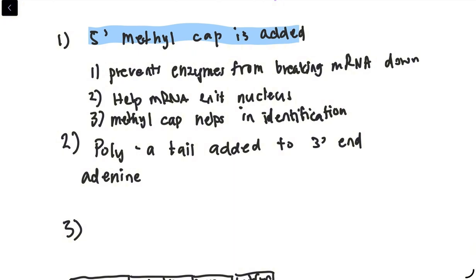There are usually anywhere between 60 and 250 adenine nucleotides added to the 3-prime end. So essentially it's just a long chain of adenine nucleotides added to the 3-prime end.